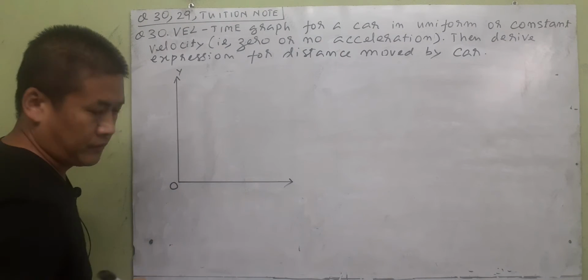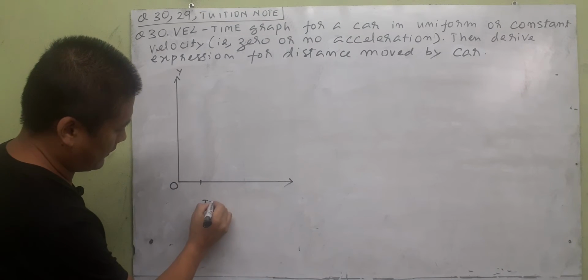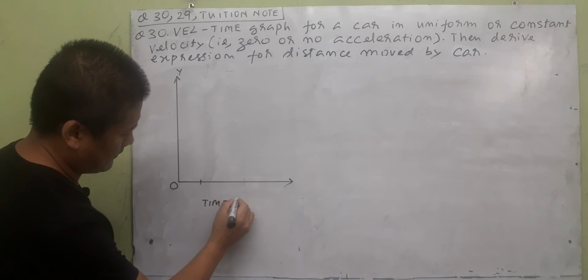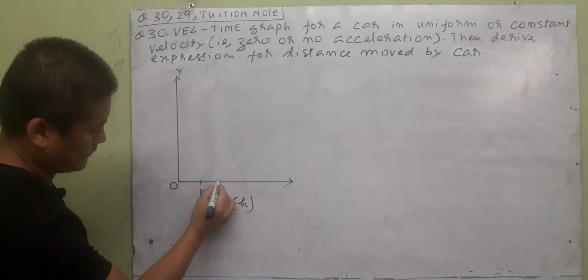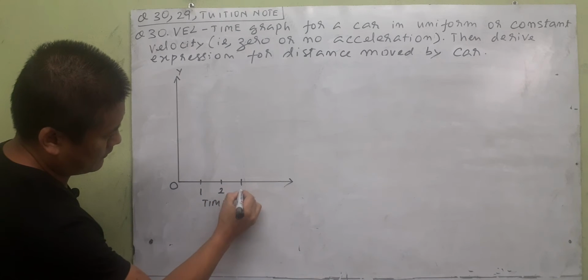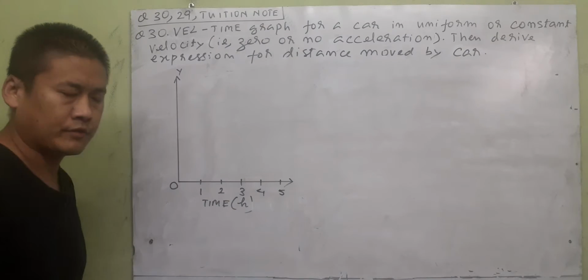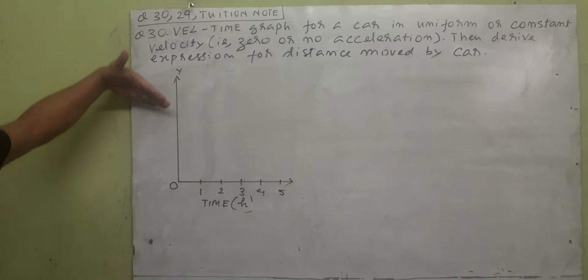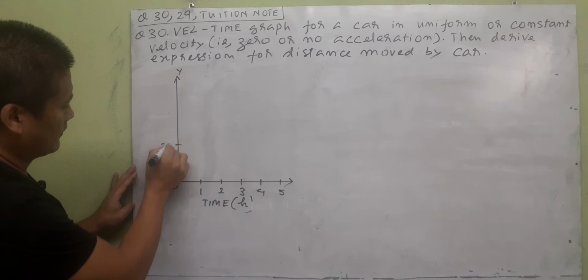This is the origin, and on the x-axis, let us say we took time in hour: 1 hour, 2 hour, 3 hour, 4, 5 hour, etc.